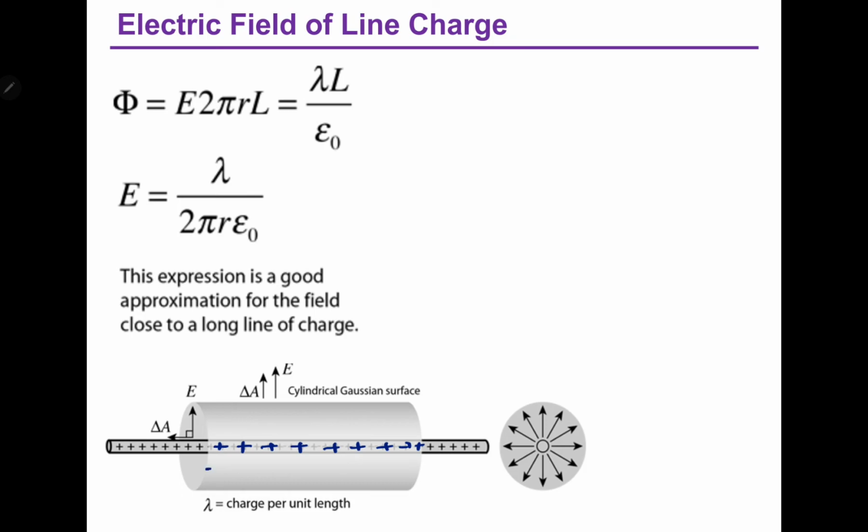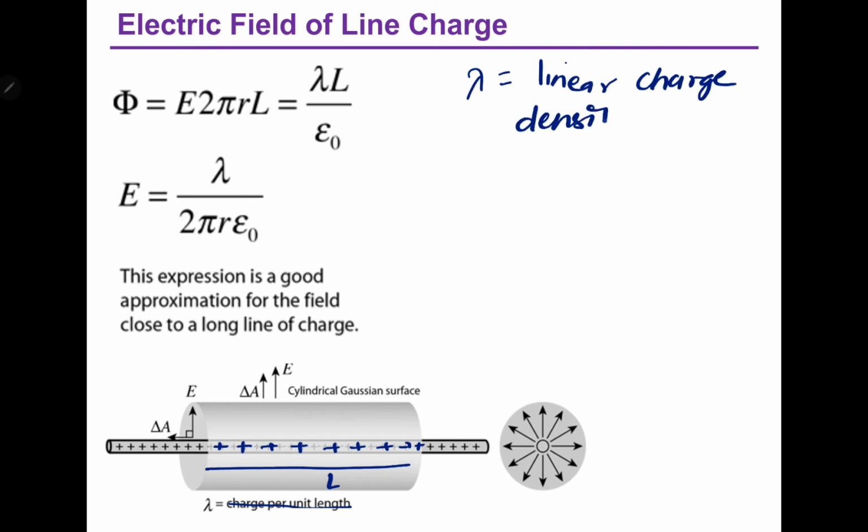Let us say the length is L. So what will be the charge? Charge per unit length, that you can say the charge density, the linear charge density, is lambda. What is lambda? Lambda is the linear charge density.